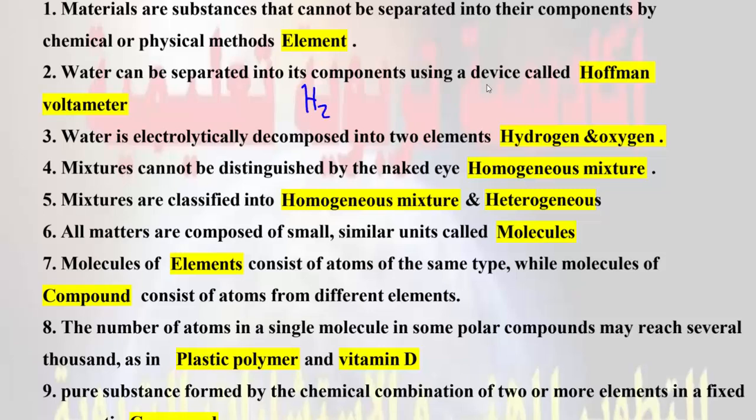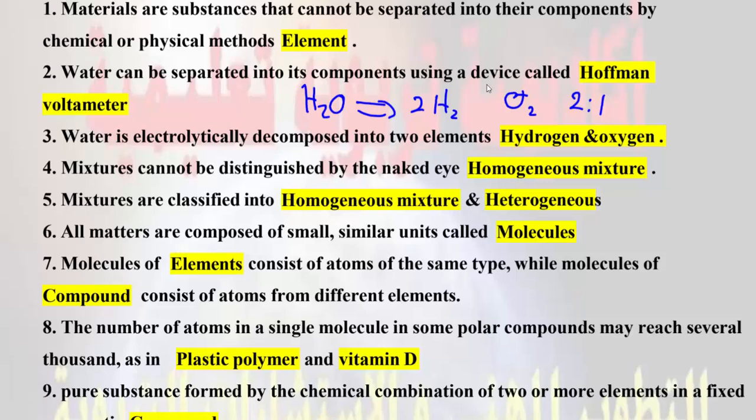Water is H2O. With electrolysis using the Hofmann voltameter, it gives 2 hydrogen and 1 oxygen, so the ratio will be 2 to 1. Water is electrically decomposed into 2 elements, hydrogen and oxygen.